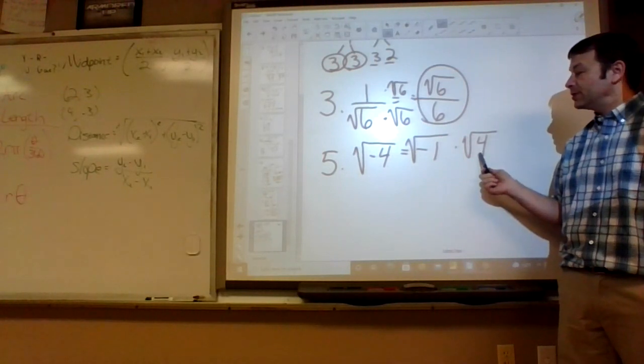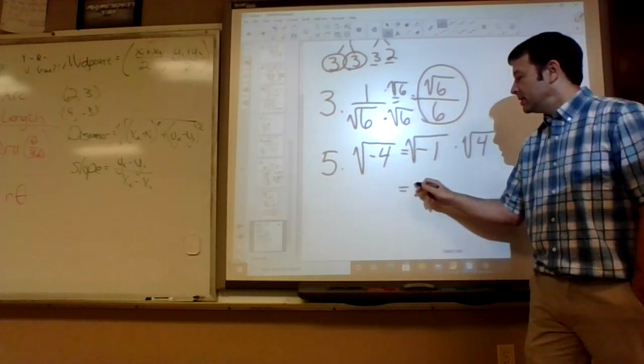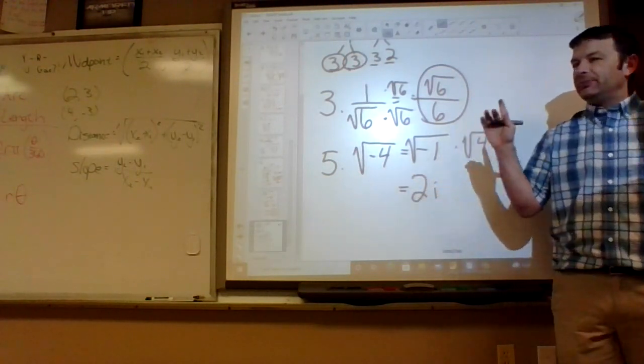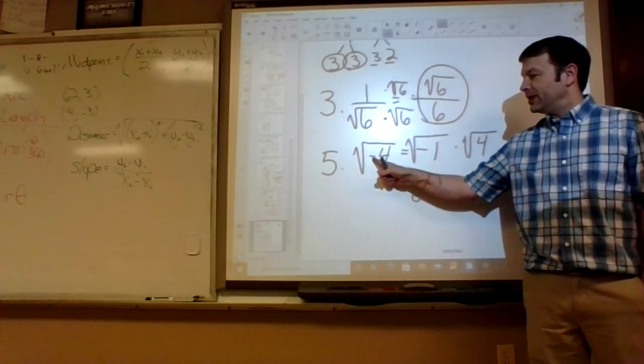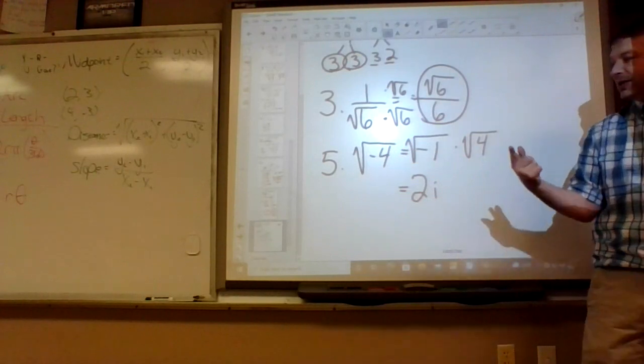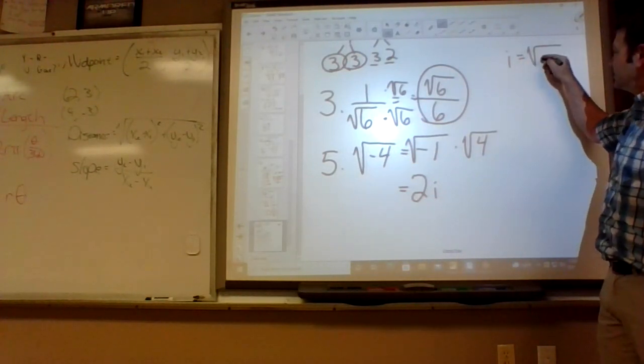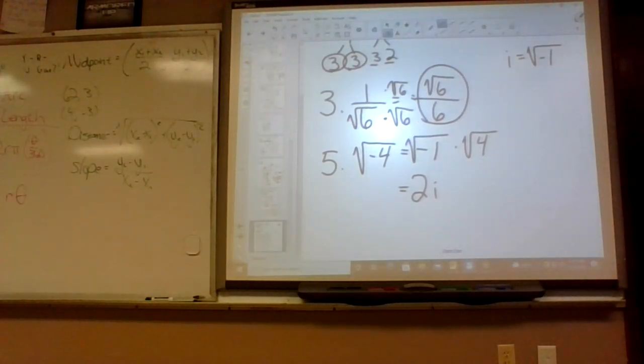What's the square root of 4? 2. So we call this 2i. Okay? Basically the negative under the square root comes out and it turns into an i. The way we define i, it just equals the square root of negative 1.